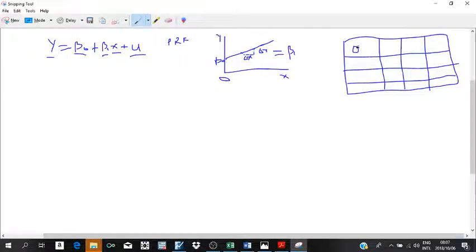So I'll write here observations 1, 2, 3. I'm randomly assigning these numbers.